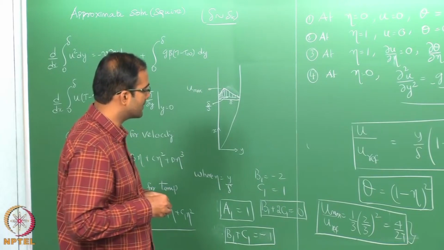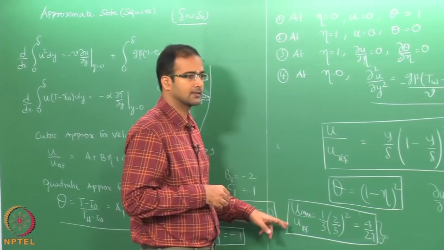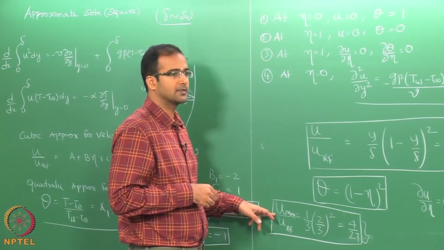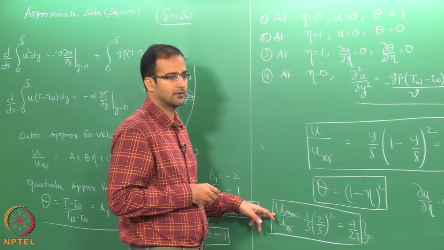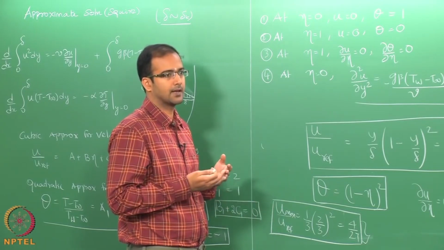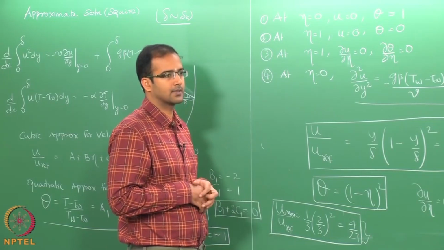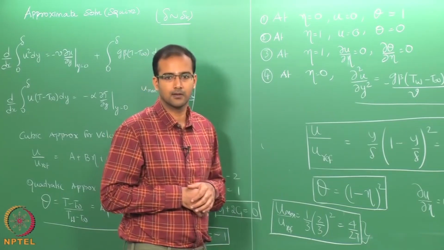But that does not matter, because once you relate your u reference to u max, you can always plot it on a physical diagram. You can always change the reference, use u by u max, and use the scaling factor to scale it, so it does not matter.